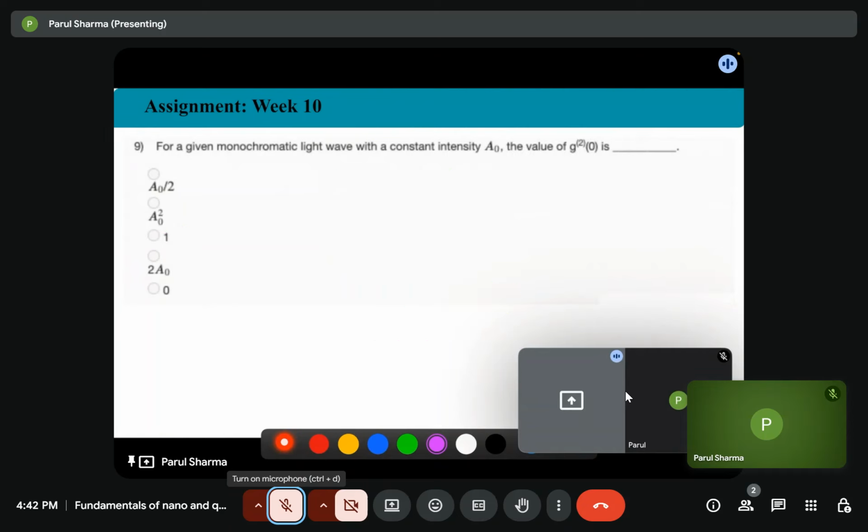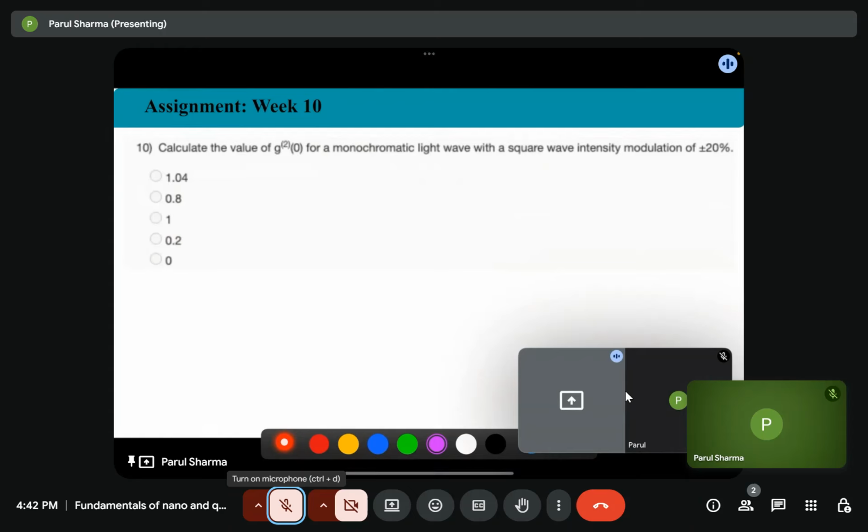Next question is, calculate the value of g2 for a monochromatic light with a square wave intensity modulation of plus or minus 20%. So just from the previous question, g2 is equal to the expectation of I squared(t) over the square of the expectation of I(t).